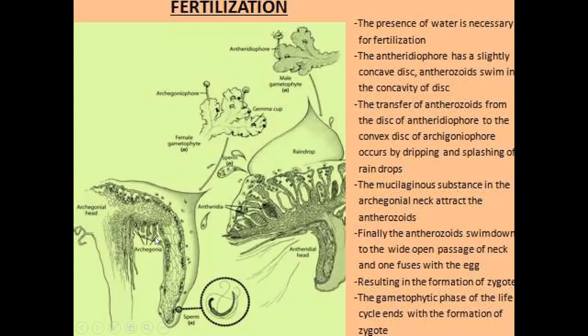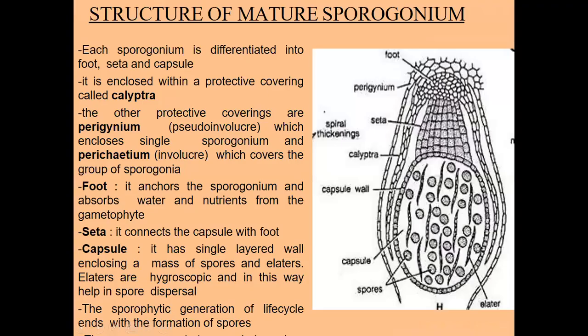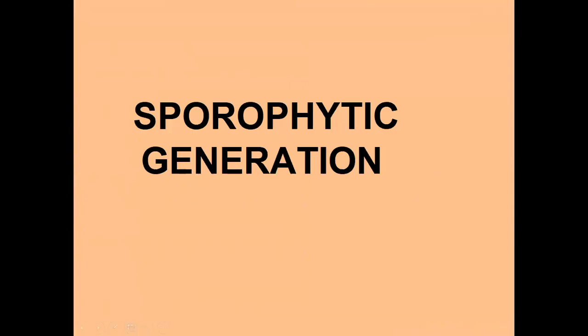One of the antherozoids will go and fuse. This is the antherozoid, you can see here. It goes and fuses with the female gamete, the so-called egg. The result of this fusion will be the zygote. So by the formation of the zygote, the gametophytic generation will end.